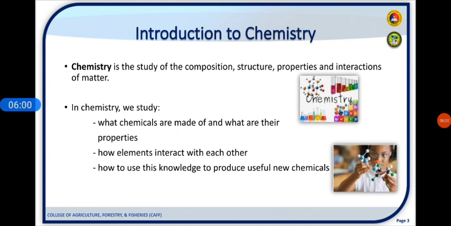So what you have learned in enhancement chemistry, you will be able to use in studying organic chemistry and biochemistry. So I want you to be serious in studying the lessons in chemistry, as this will be useful as you go over higher related chemistry subjects. Alright, so let's go to the next slide.